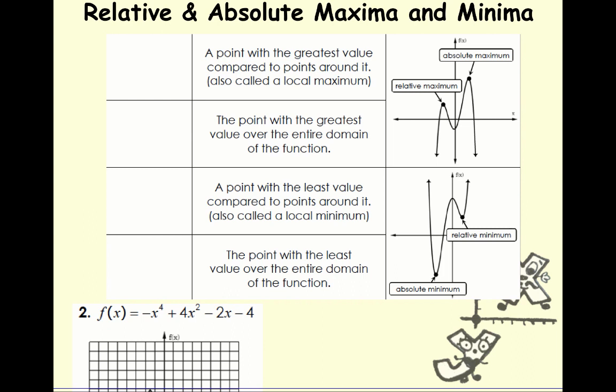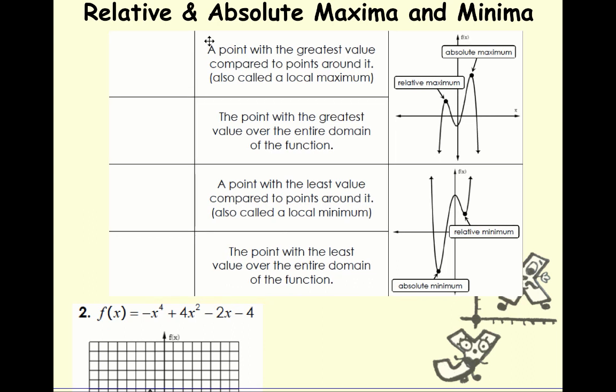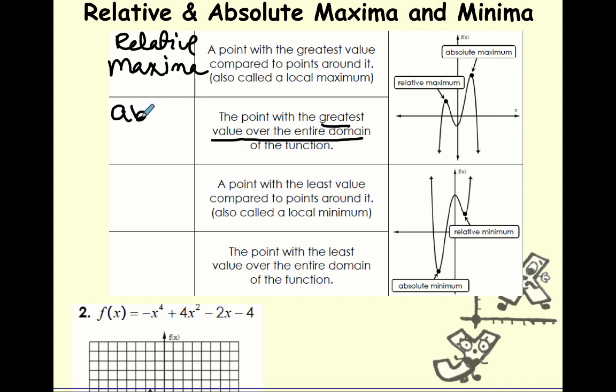A point with the greatest value compared to points around it is going to be a relative maxima. The point with the greatest value over the entire domain is going to be called an absolute maxima. So looking at this graph over here, this one is relative, but this one is absolute.